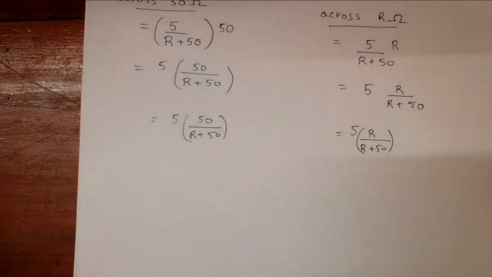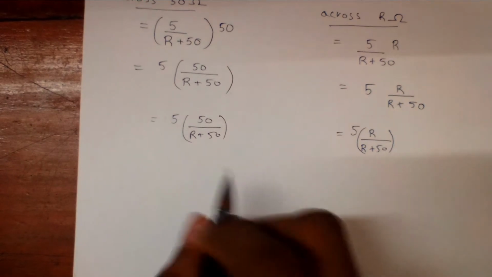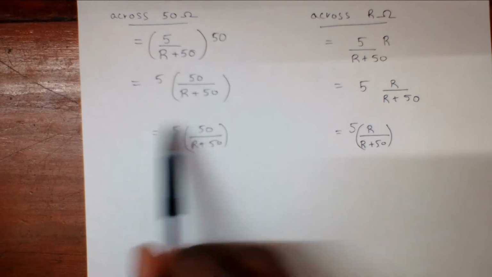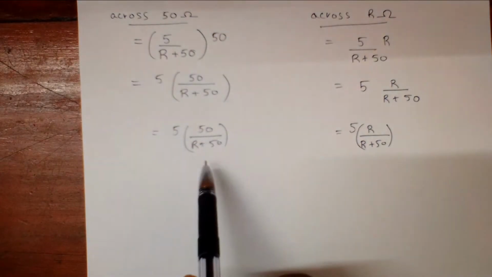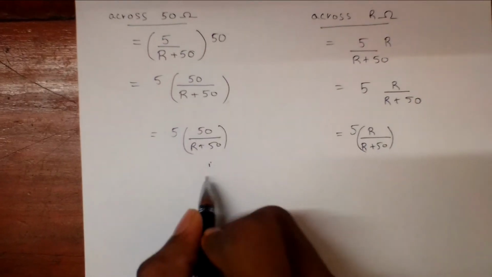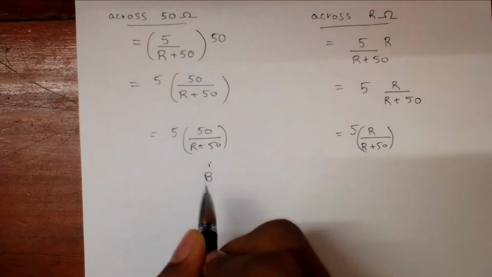And another awesome thing is that across 50 ohm we found the potential difference as 5 into 50 by R plus 50, and this will be exactly the potential at B. We wanted to find the potential at B, right?